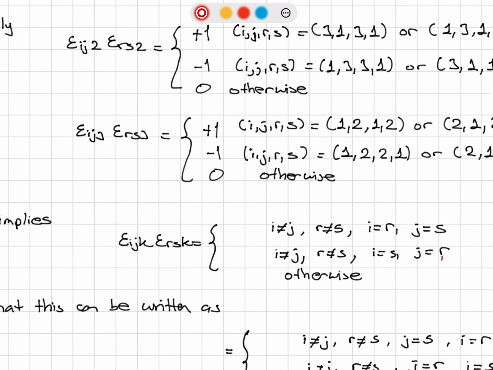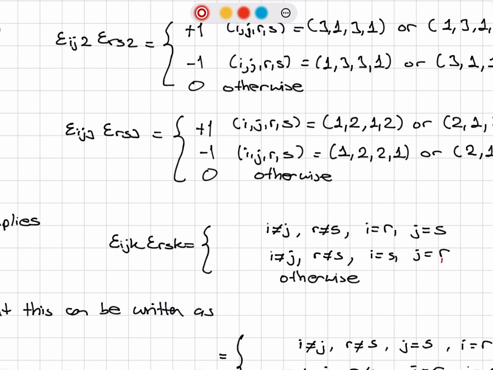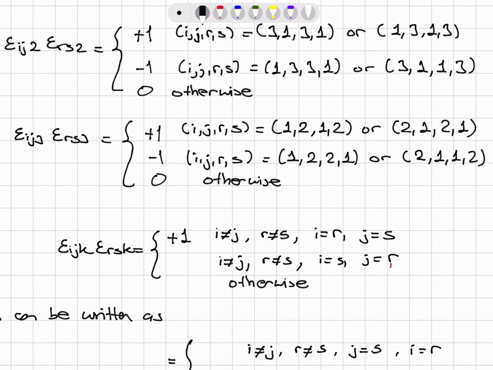Okay, so this implies that epsilon ijk, epsilon rsk is equal to plus 1 when i is not equal to j and r is not equal to s, and i is equal to r and j is equal to s.